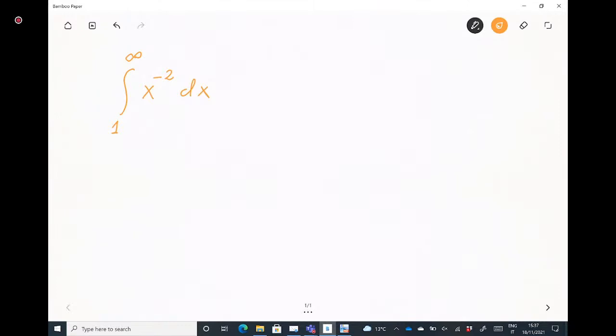But let's compute our integral. We have to find a primitive. I apply the step-by-step method first. We have to compute a primitive which is minus 1 over x. This must be evaluated between 1 and b, and then I have to take the limit of this as b tends to infinity.